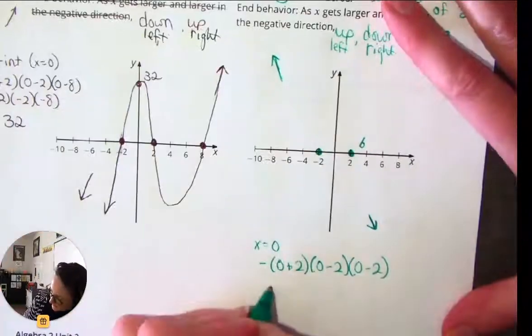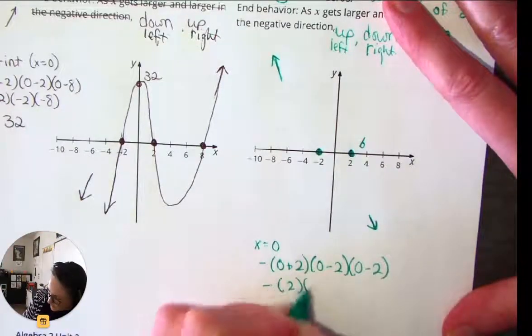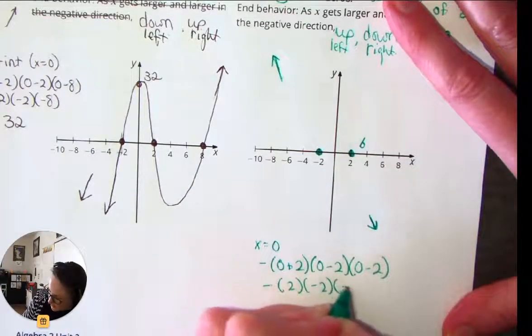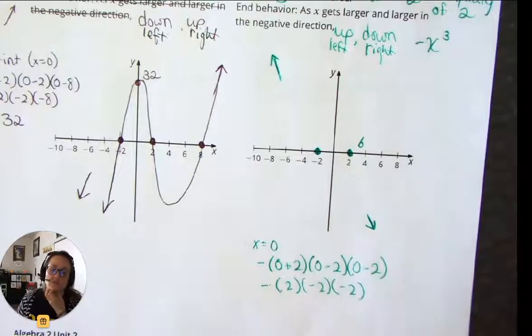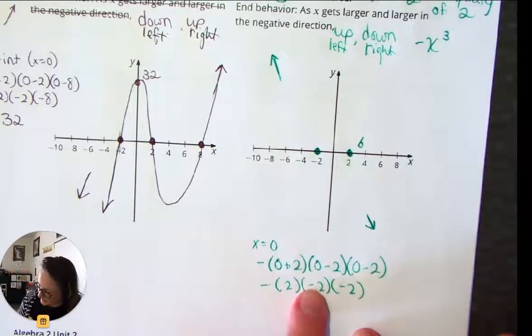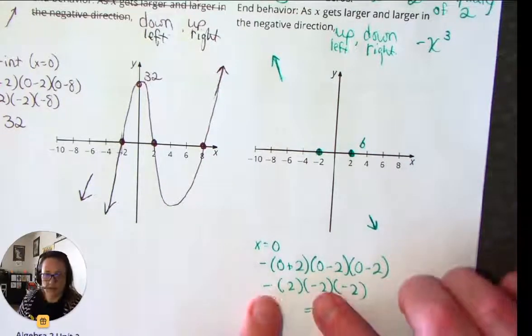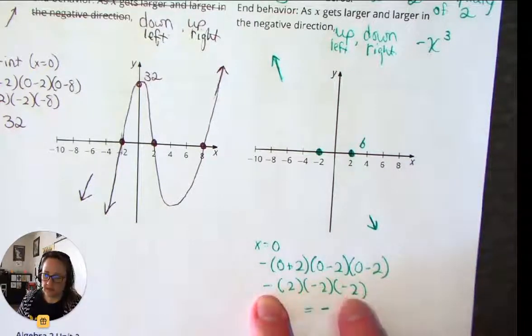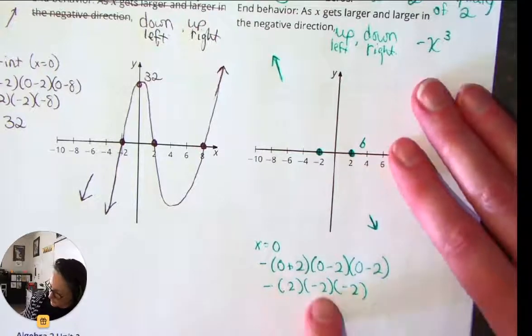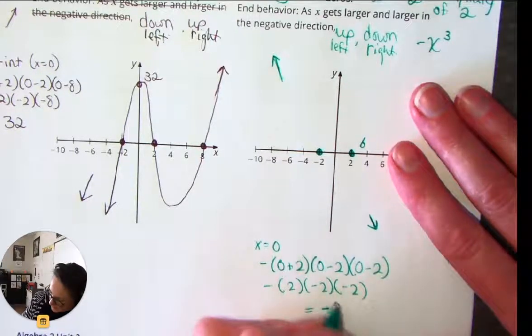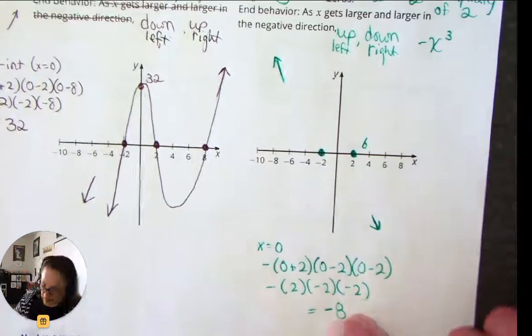What I have is negative 2 times a negative 2 times a negative 2. Negative, negative, negative is going to be a negative value. Negative times negative is a positive, but I got this third negative. That's going to make it that way. 2 times 2 is 4 times 2 is 8. My y-intercept is happening at negative 8.